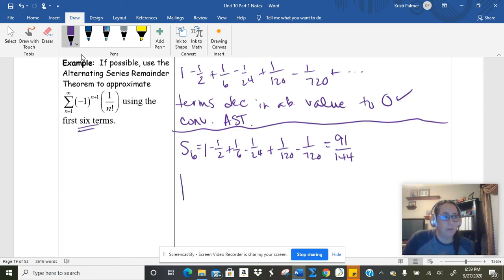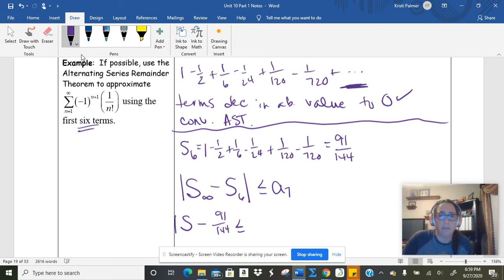So I know that the overall sum as I go to infinity minus what I just found, the 6th partial sum here, is less than or equal to the next term. So if we went to 6, the next term is 7. So that infinite sum minus what we just found is less than or equal to the next term that would have happened, if I plugged in my 7.